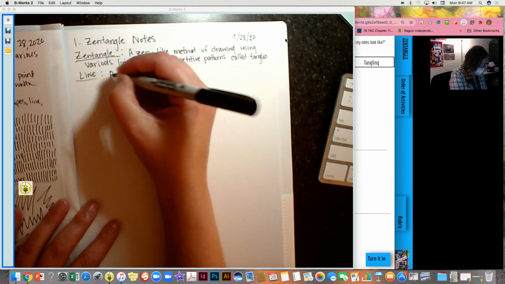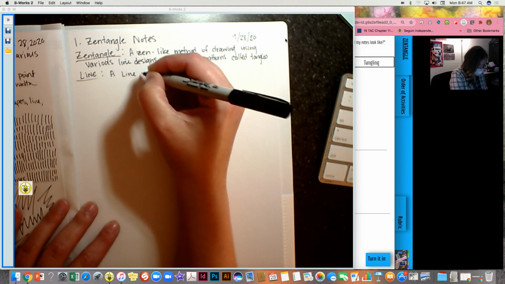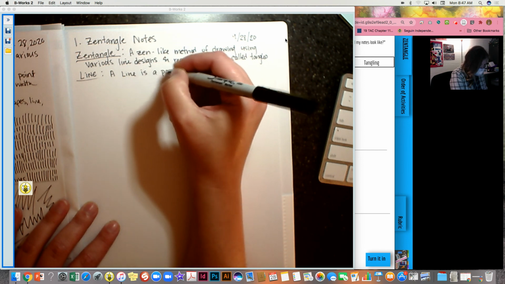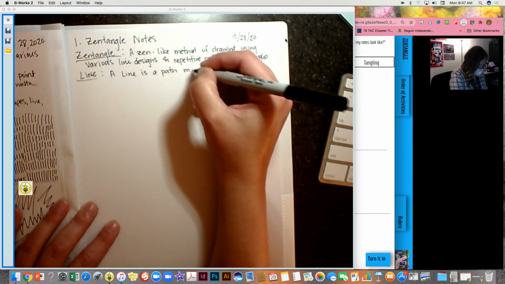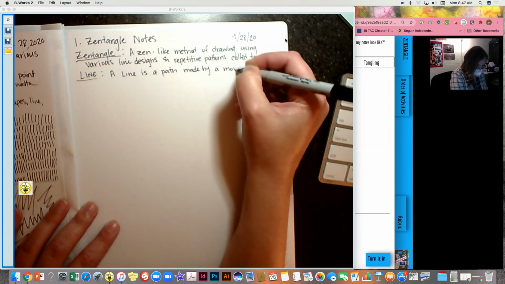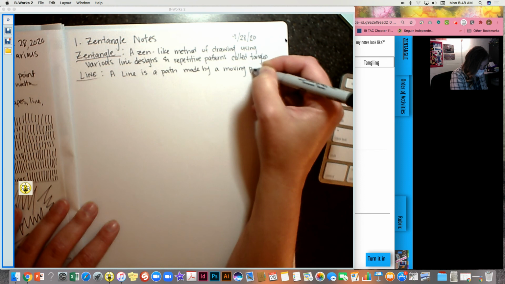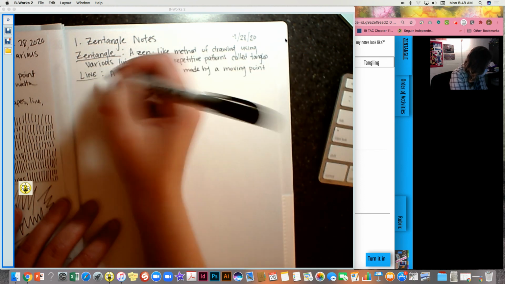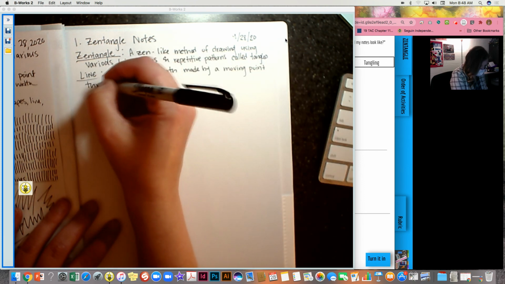So a line is a path made by a moving point through space.